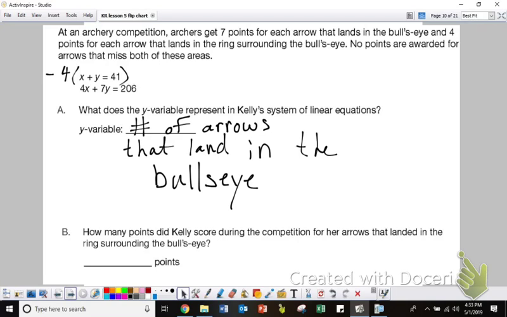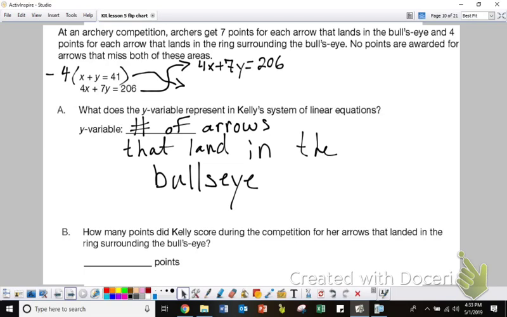Okay. So when I multiply this whole row by -4, that's going to then give me, and if it's okay with everybody else, I'm just going to rewrite this one on the top now. So I got 4x plus 7y equals 206. And then my new one, I'll write down here now.